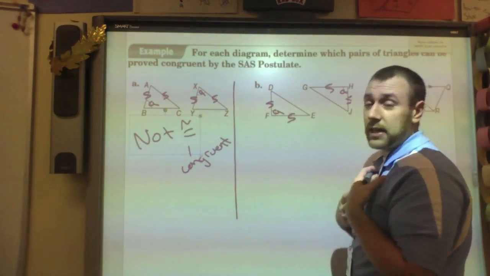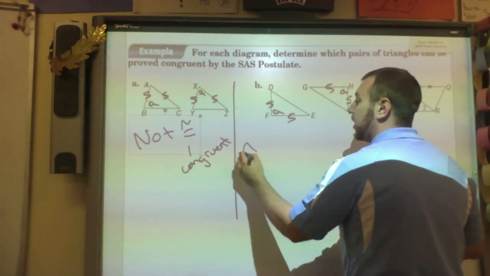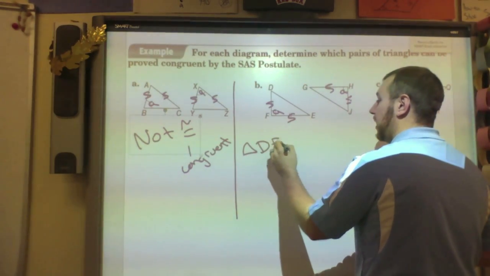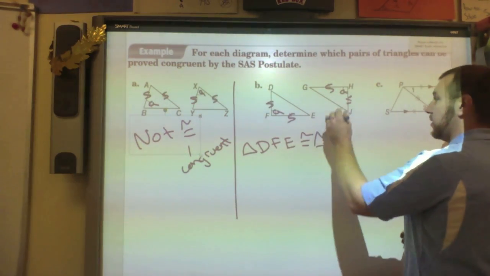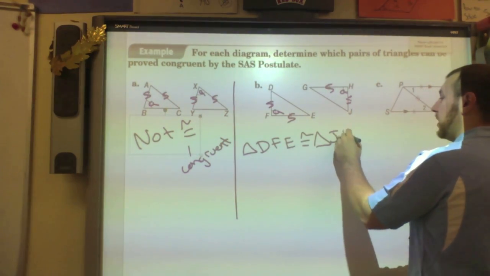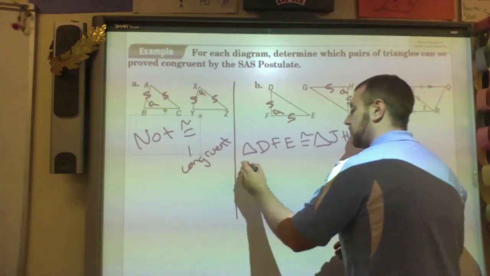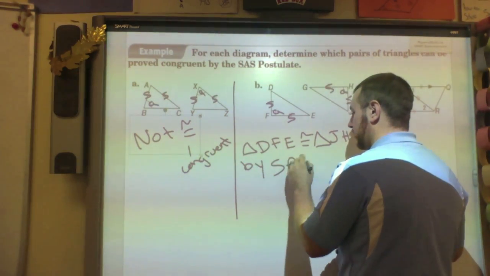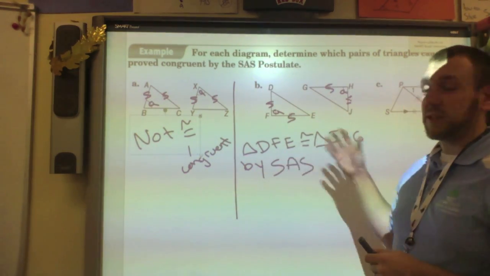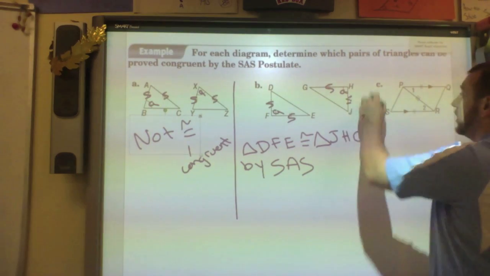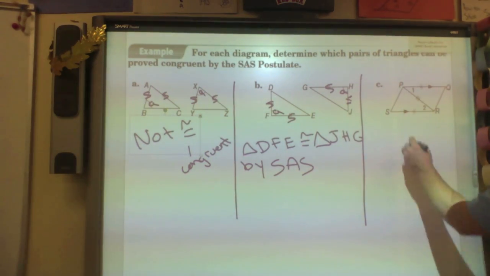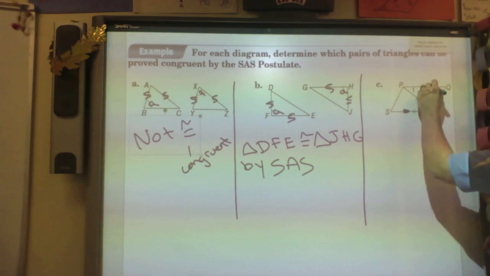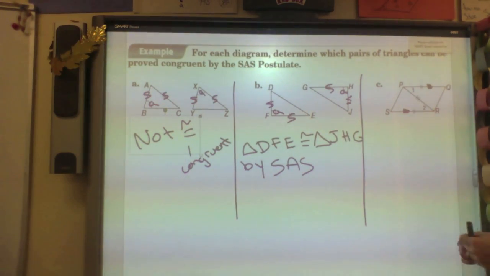So I would say triangle DFE is congruent to triangle JHG by side angle side. So that's how you would answer that question. For C, I have to look at it and I have to say, oh, what do these arrows mean? Well, those arrows mean parallel. Okay?